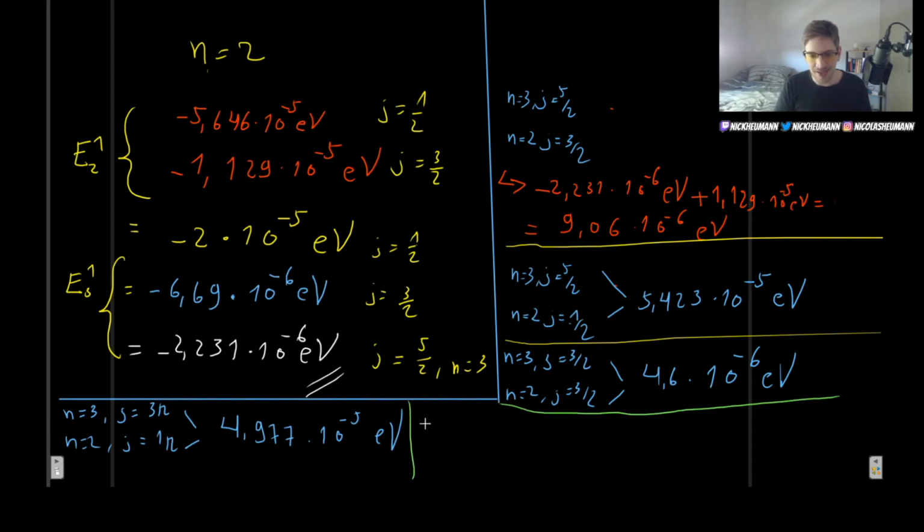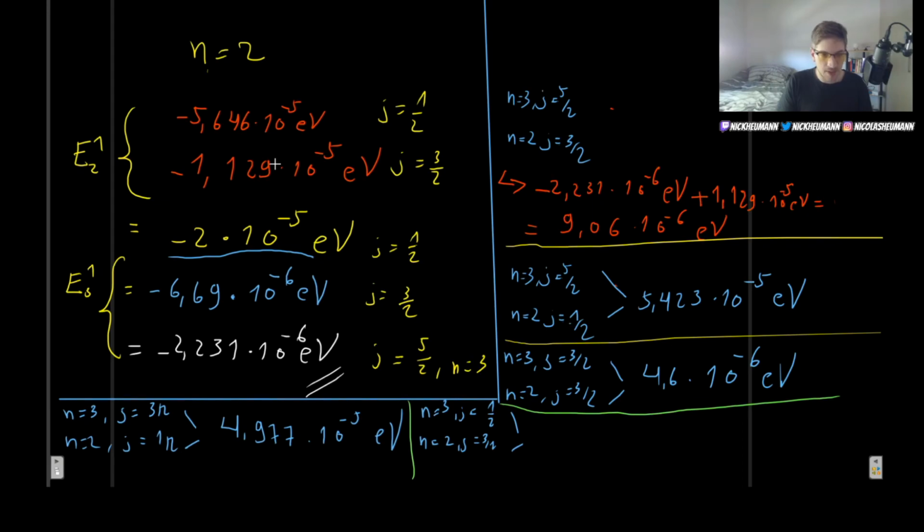Okay, next. I'm gonna just cram everything in here. Then we have n equals 3, j equals 1/2 to n equals 2, j equals 3/2. So what do we get from this? This would be this energy right here, right? It goes from this to this.